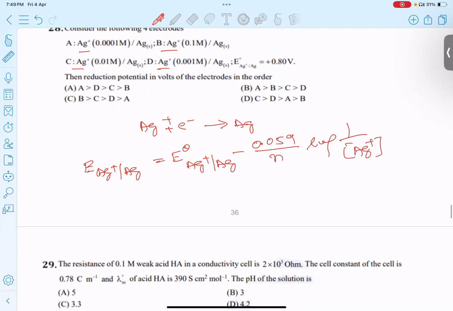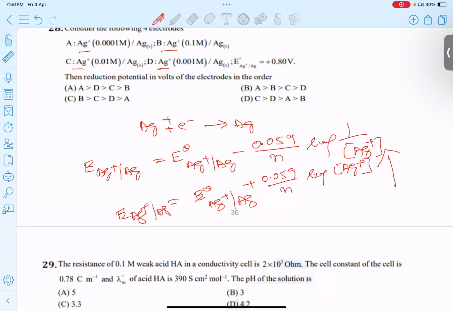This equation can be written as E naught of Ag plus/Ag plus 0.059 divided by n, log of Ag plus. This shows that as the molar concentration of silver ion increases, the reduction potential of Ag plus/Ag also increases. So let us check the order.